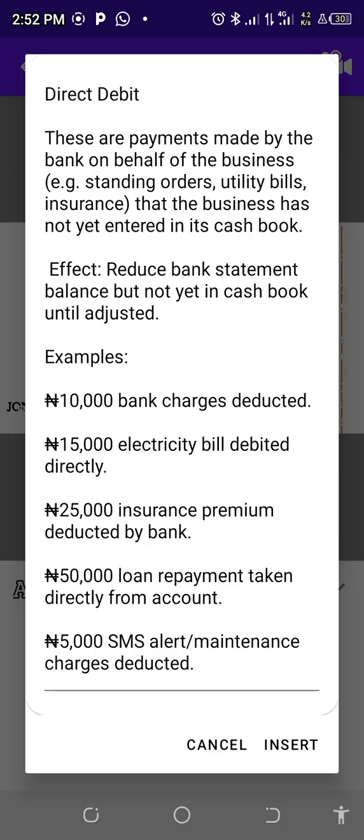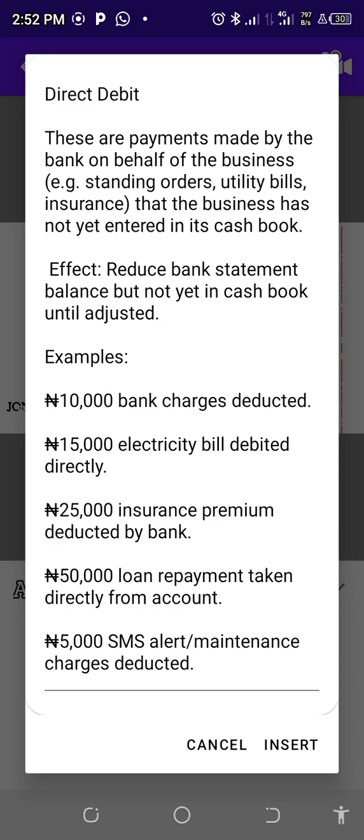Such is what is called the direct debit, money paid out from the business account in the bank directly, on the order of the customer. Examples are standing orders, utility bills, and so on. What is the effect?